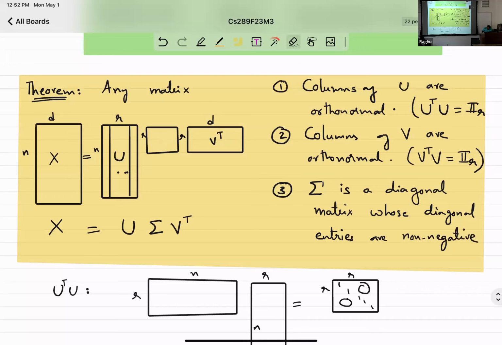Sigma is a diagonal matrix, meaning all the off-diagonal entries are actually 0. The entries on the diagonal are restricted to be non-negative. That's the main theorem, that any matrix has a representation like this. It's a non-trivial theorem, but we're going to just take it for granted and work with it. Any questions about the statement of the theorem?